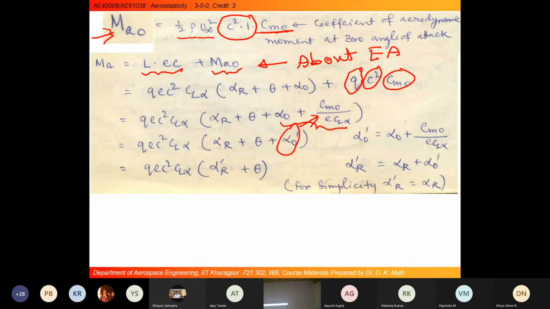So that angle of attack multiplied by k theta will give us the elastic restoring moment. So now I am just simplifying this.